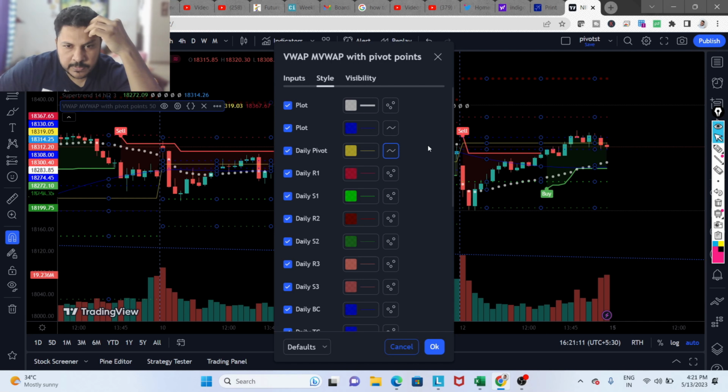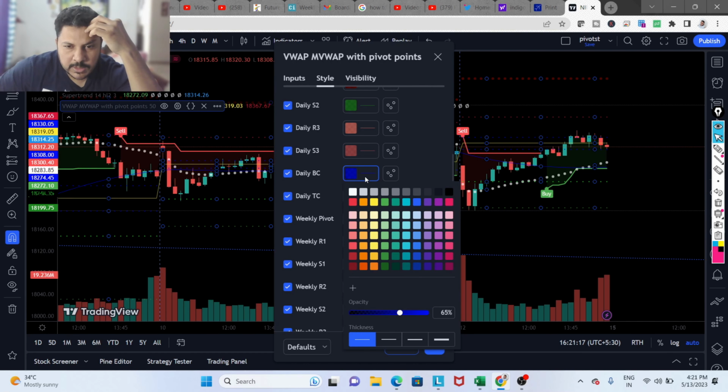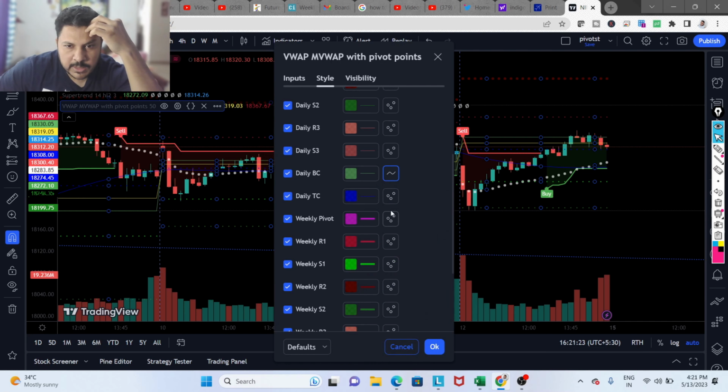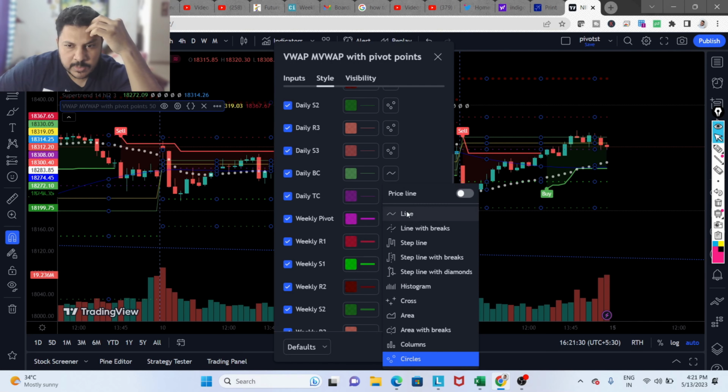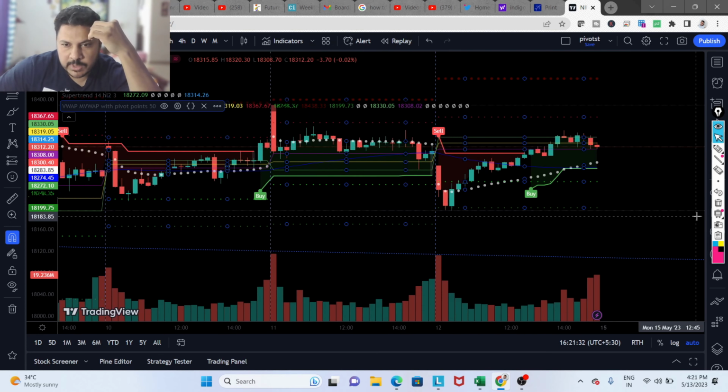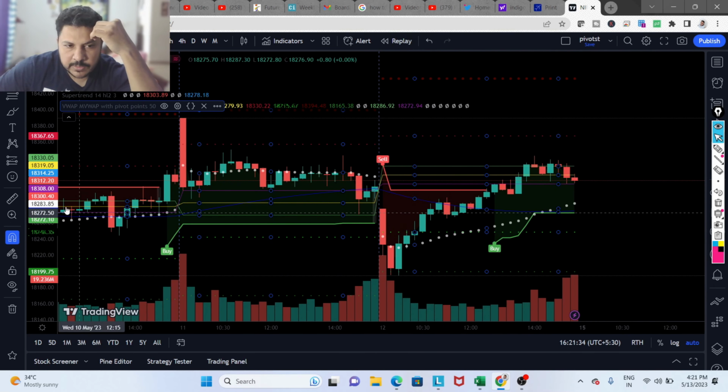Then I have to see where is it. Okay. So this one I will change it to green. This also a line. This one also I'll make a little different color, and this will also be a line. So this becomes our CPR.